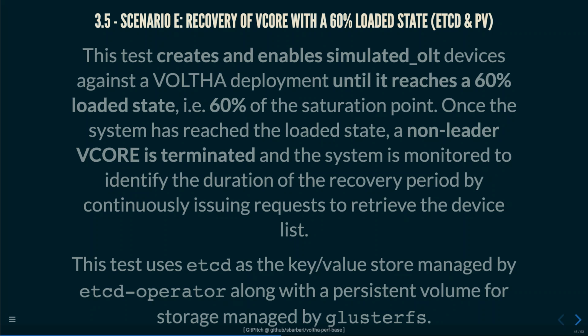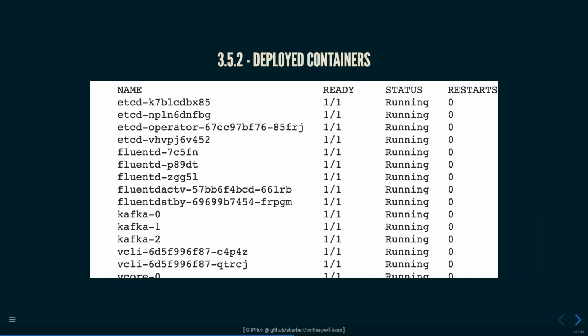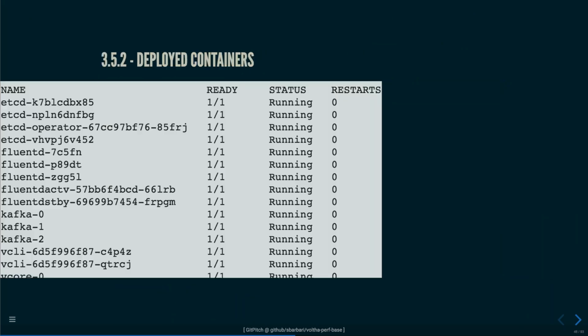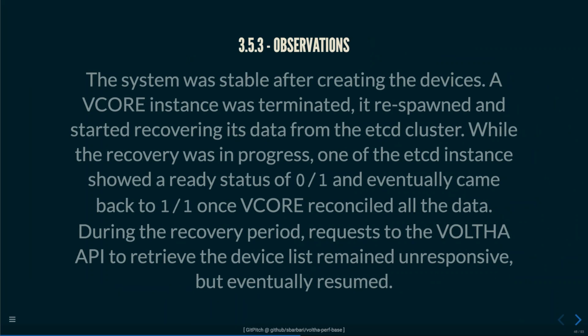We tried to lower the loaded state for that etcd instance, etcd with PV. So we lowered it to 60% and executed the same test case as scenario D. Again, we did all of this configuration, same containers deployed. We reached that 60% mark, and again, we killed that vCore instance.